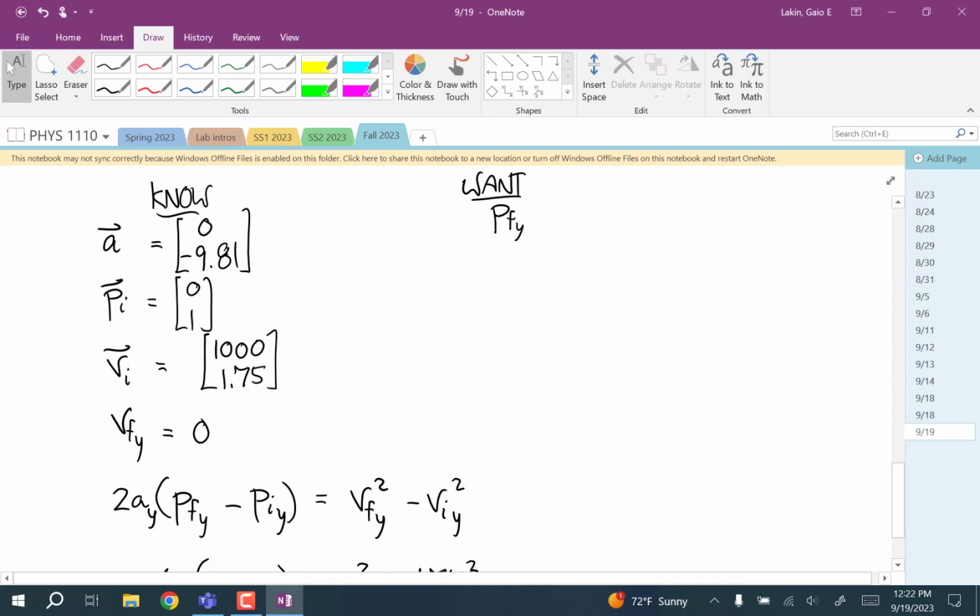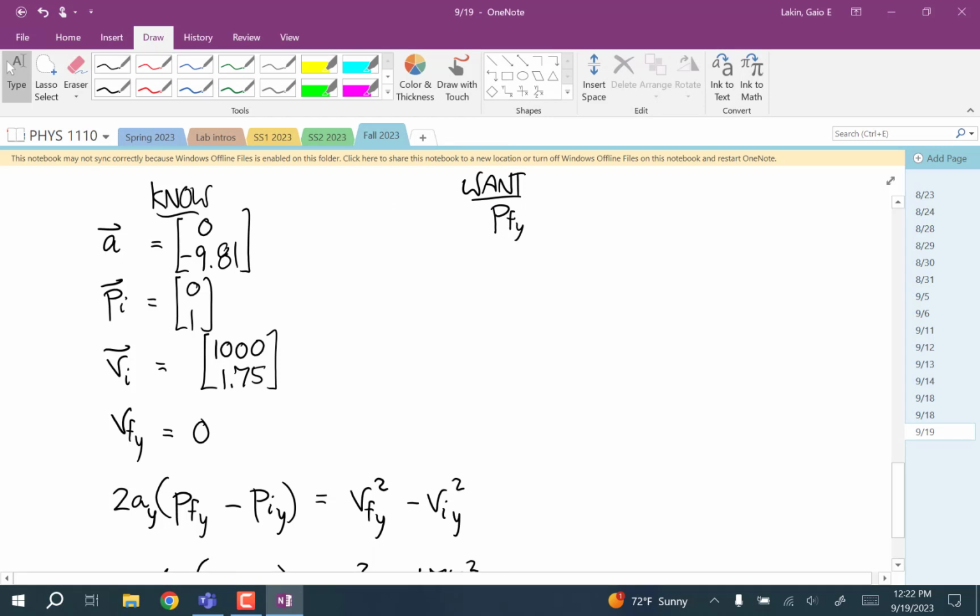Look at these values we have. What's the thing that makes it take longer in these equations? Well, the answer is in that initial velocity, the y component of the velocity is 1.75 meters per second.